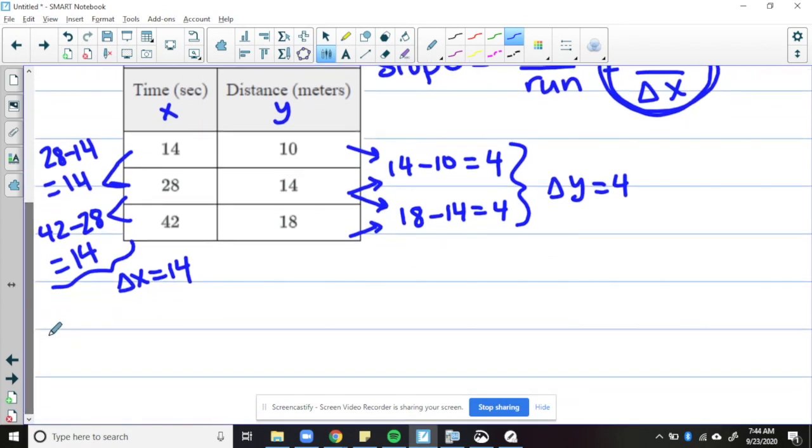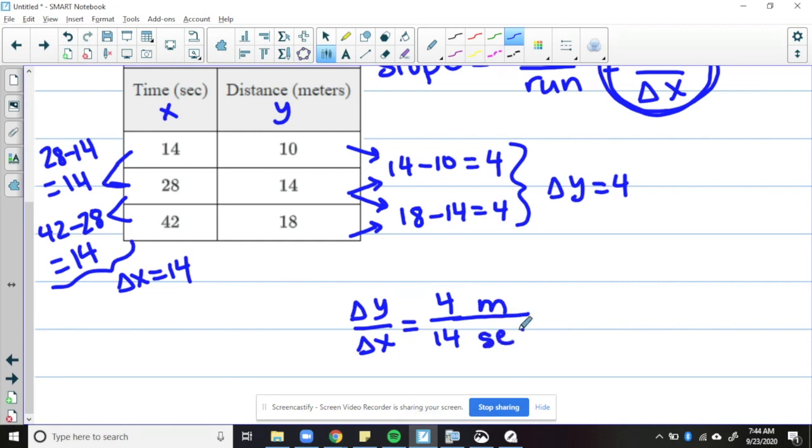Now let's put it into our slope form. Change in y over change in x is equal to 4 over 14. If we add in our units, that is 4 meters every 14 seconds. Well, we want it every single second, right? Our unit rate is per second.